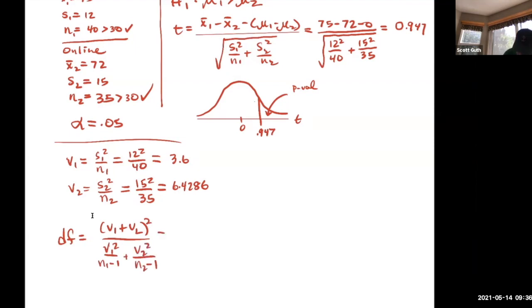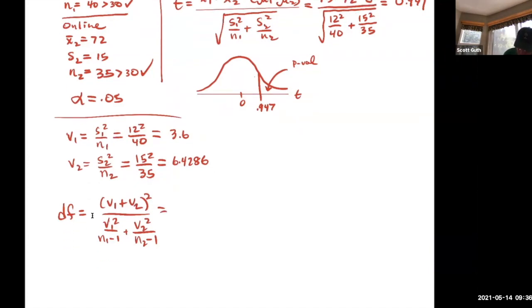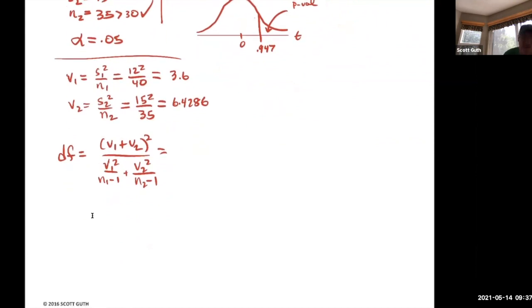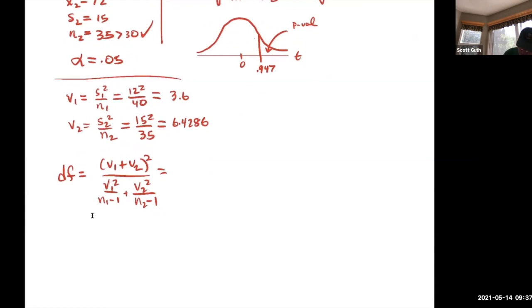If you ever ask me where that formula comes from, I will look at you and say, I have no idea. This is the only formula I have never bothered to learn where it comes from. I'm ashamed to admit it. I should know. 6.4286 squared.